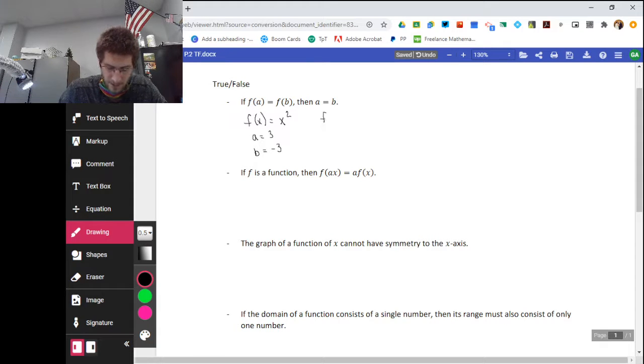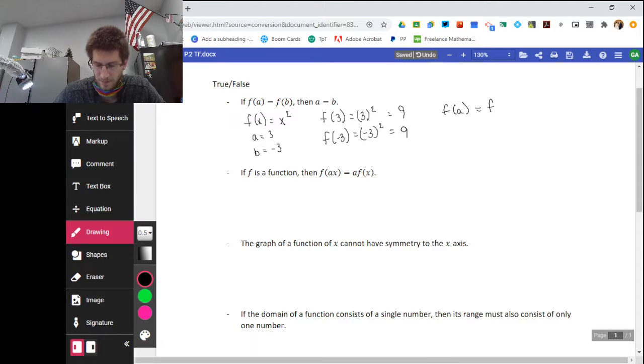So if I take f of 3, that would give me 3 squared. F of negative 3 will give me negative 3 squared. Well, 3 squared is 9, and negative 3 squared is 9. So this meets the criteria here. Our f of a does equal f of b. F of 3 was the same as f of negative 3.